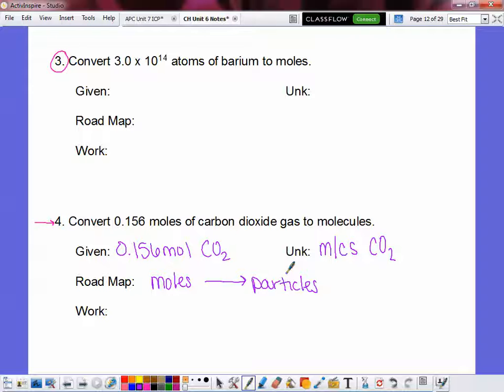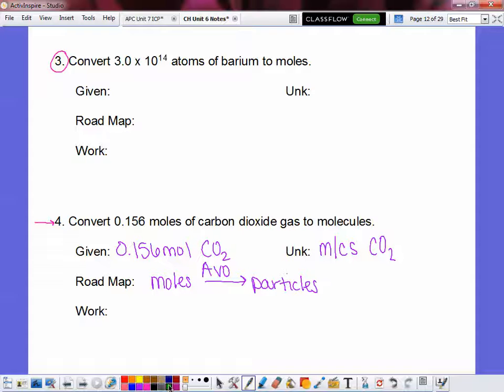You only use the molar mass when you're converting to or from grams. Since we don't have grams at all, we have to use something else. What are we going to use this time? Avogadro's number. That's 6.02 times 10 to the 23rd. Because that's how many molecules of CO2 would be in 1 mole of CO2.